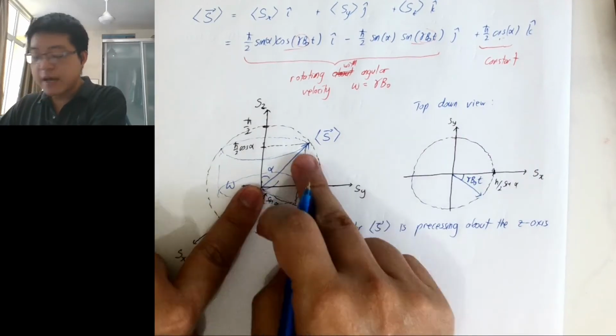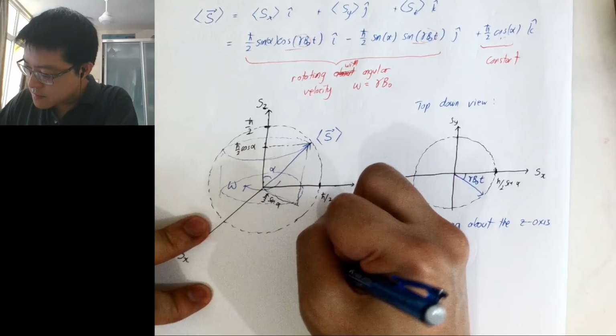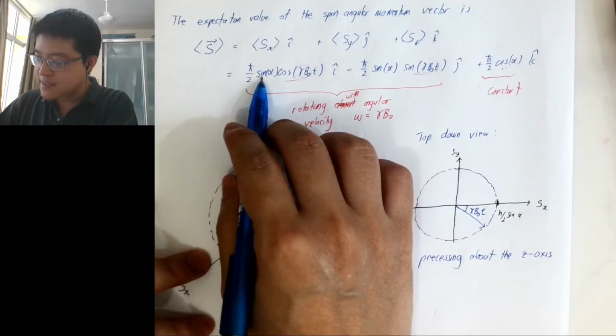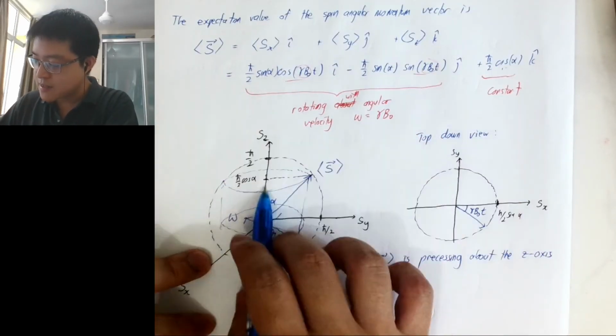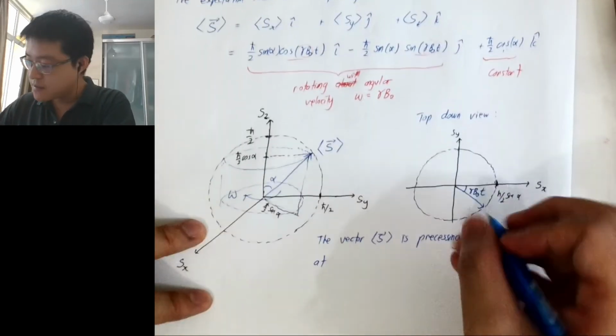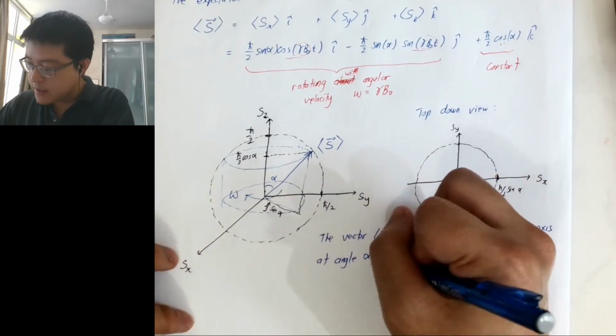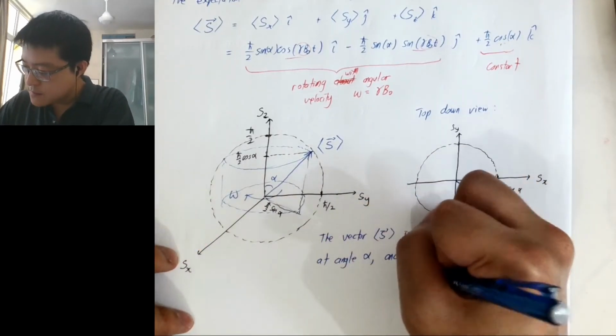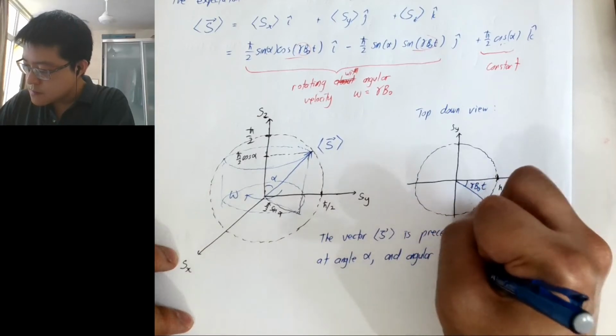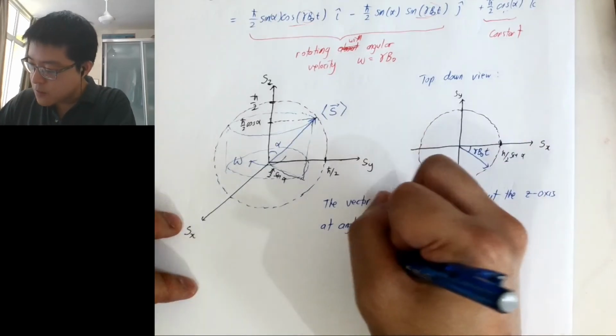And in fact, we have found that the angle is alpha, because the z component is precisely cos alpha, at angle alpha, and angular velocity given by omega.